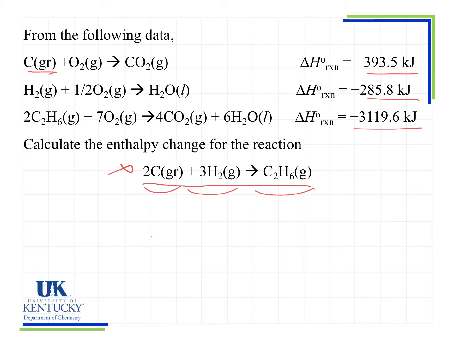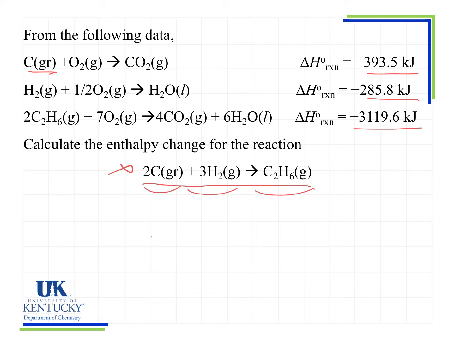So then you have to adjust the reaction that you have here with the reaction that you're trying to find the enthalpy for. So you have the graphite in the reactant side, and in reaction 1 it's also in the reactant side, so that's good, we don't need to flip it. If it was in the product, then we should flip it to put it in the place where it is in the reaction that we're trying to find.